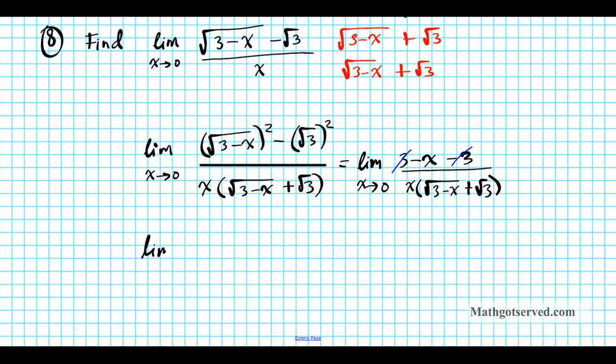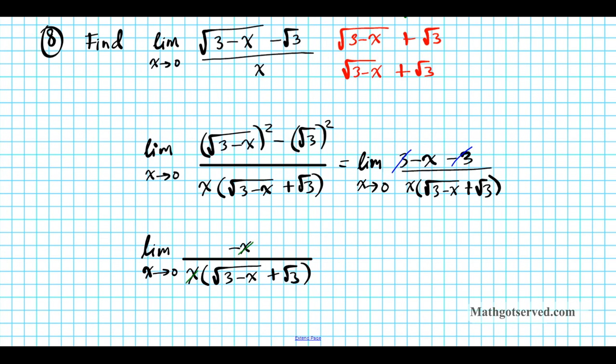So we have the limit as x approaches 0 of negative x divided by x times the square root of 3 minus x plus root 3. So we can now divide out this x, okay?